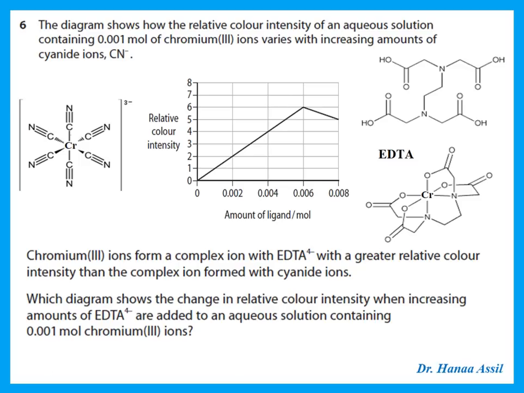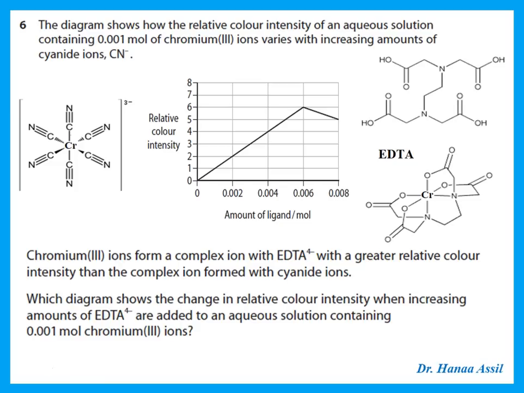cyanides for each chromium. And that means if we have 0.001 mole of chromium-3 ions, it will need 0.006 of the cyanide. And that's why the graph shows a peak at 0.006 moles of ligand.